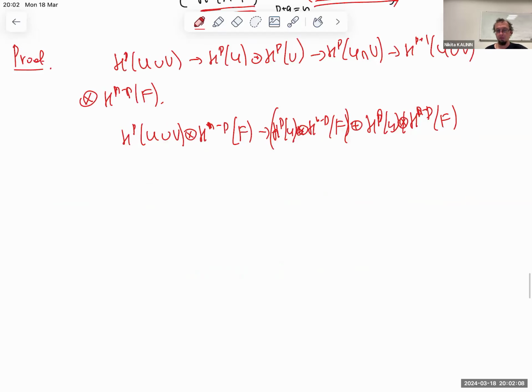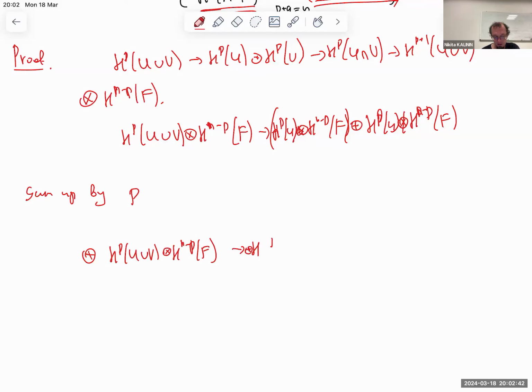And then you have the following thing. So you have this, and in every term, then sum up by P. Then in every term, you have the following. So you have that the sum of HP U V tensor Hn minus P of F goes to the sum.